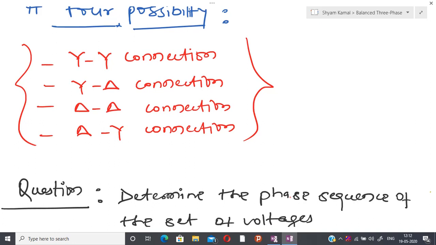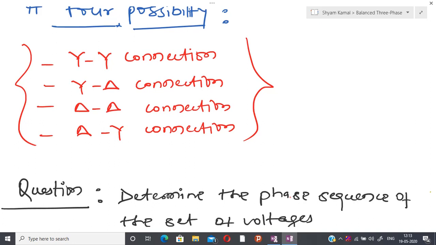So suppose I connect my load in the form of Y, then obviously the neutral is needed, and the neutral is not accessible. So if you want to change some load, it is very difficult. But in case of delta, since the neutral is not involved, it is pretty easy to change the load. Due to that reason, people prefer the delta connection topology for connecting the load.